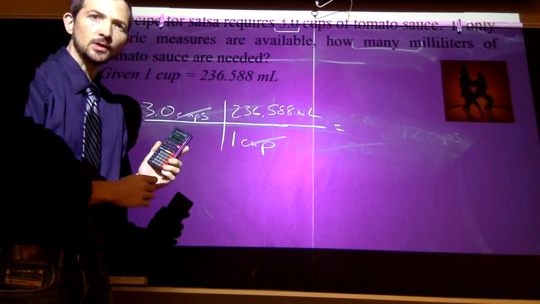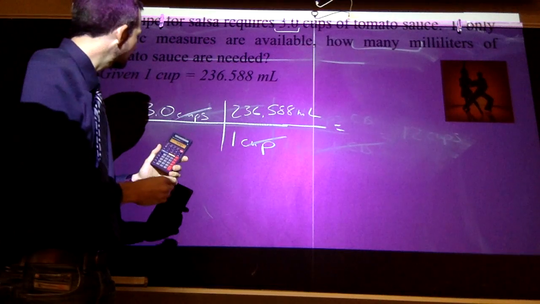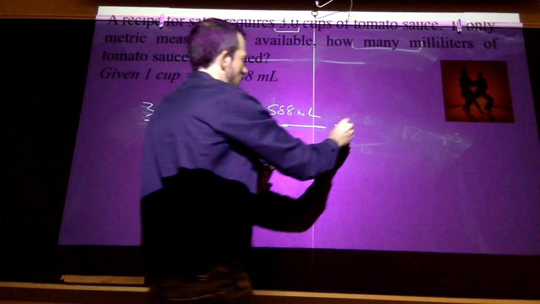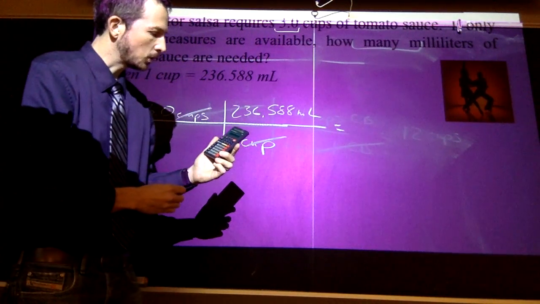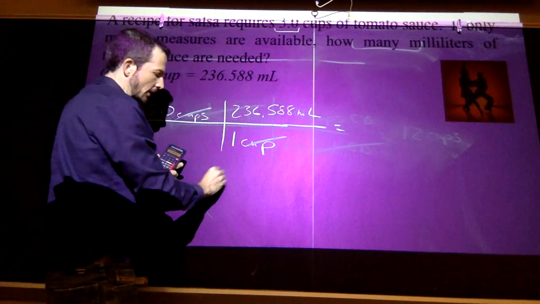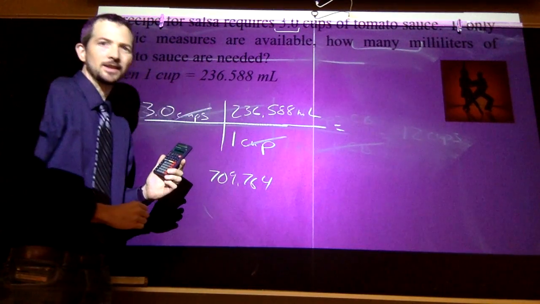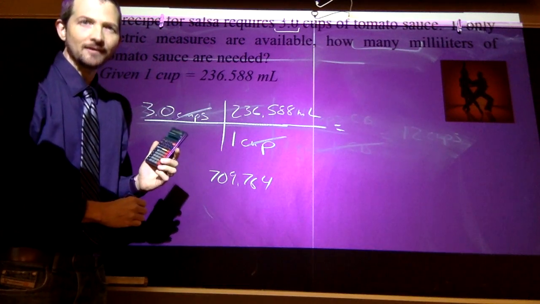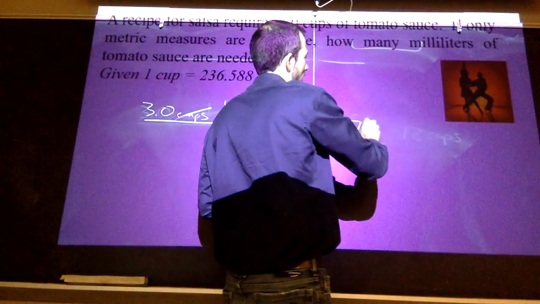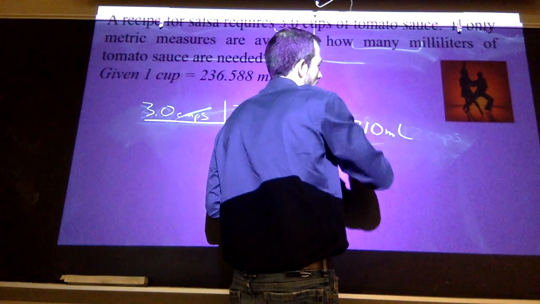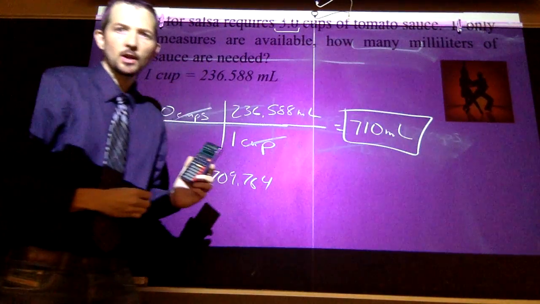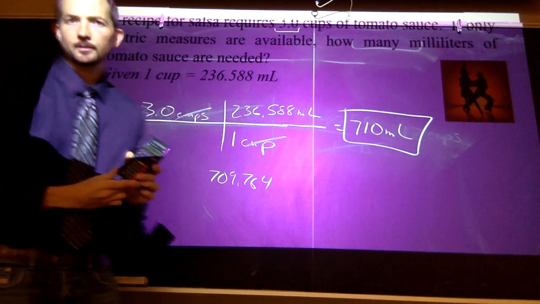So I want my answer to reflect 2 significant figures. So 709.764, let's write down here. If I went to 2 significant figures, then that'd be 710. So 710 milliliters would be my answer.